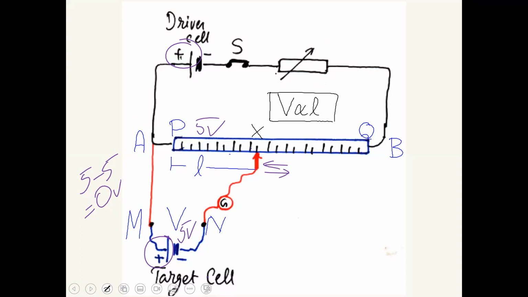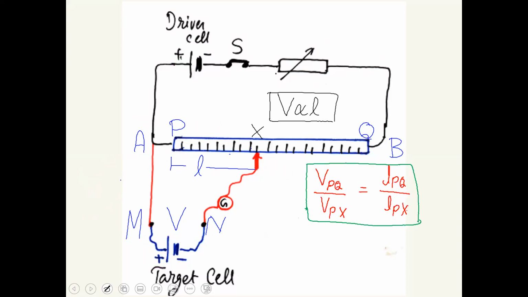So the two voltages differ by 0. That is a very big contrast. So the galvanometer will show 0 deflection.